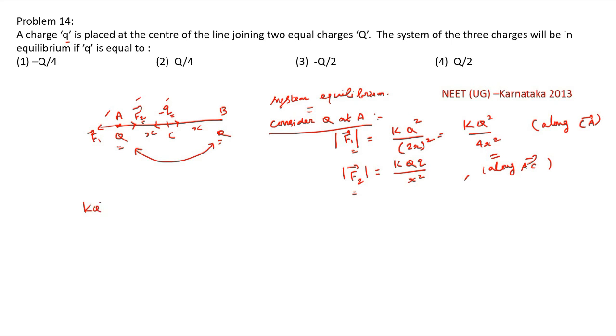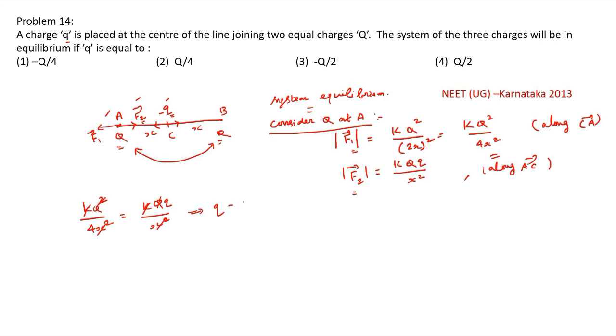So K Q squared by 4x squared should be equal to K Q q by x squared. But q is negative, bear in mind. So x squared will go, K will go, then one capital Q goes off.